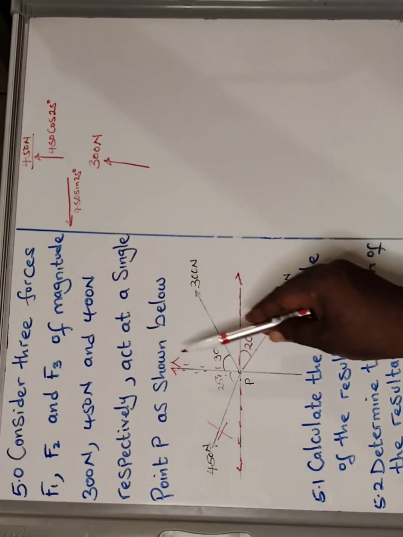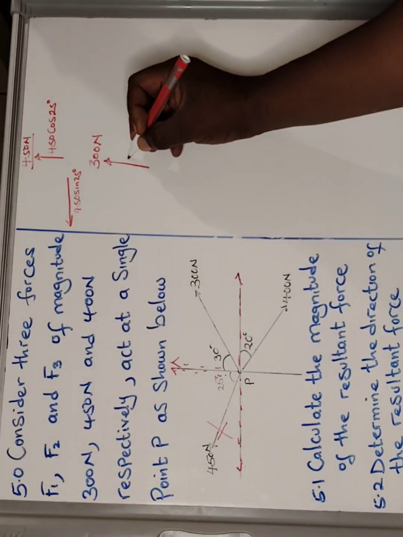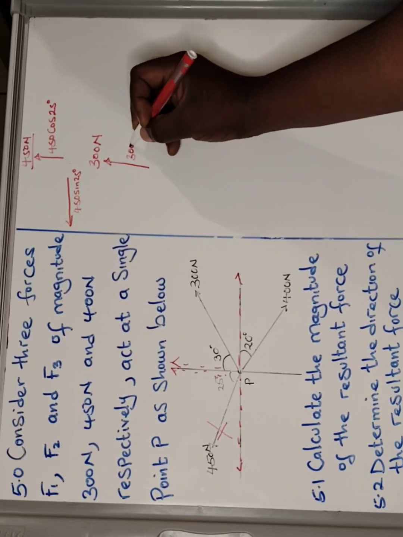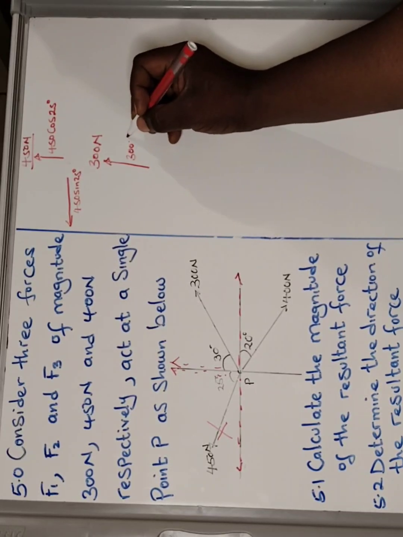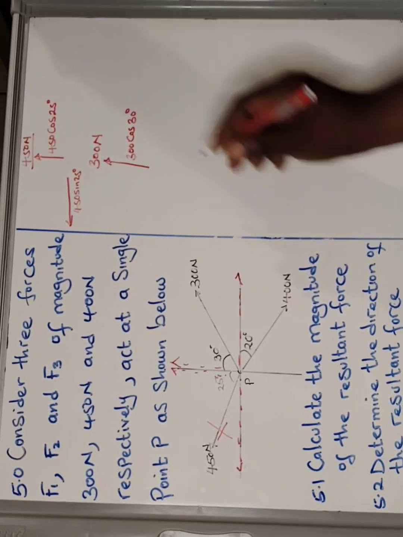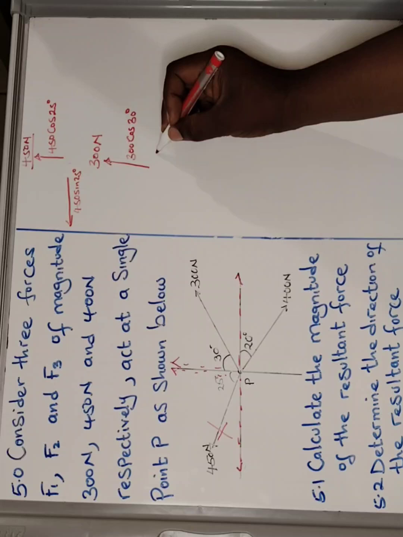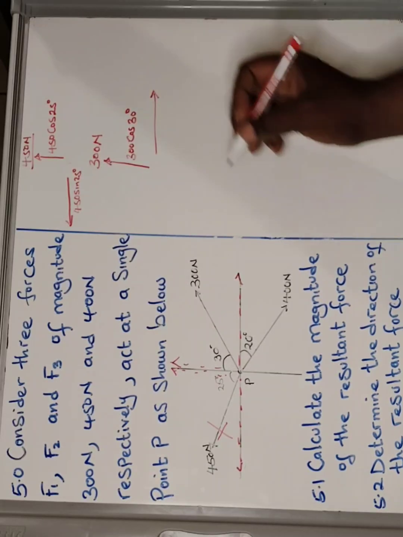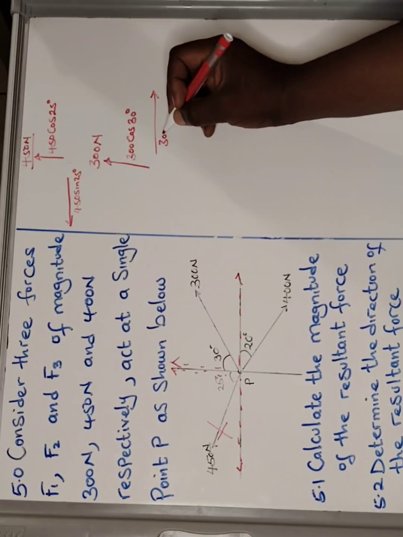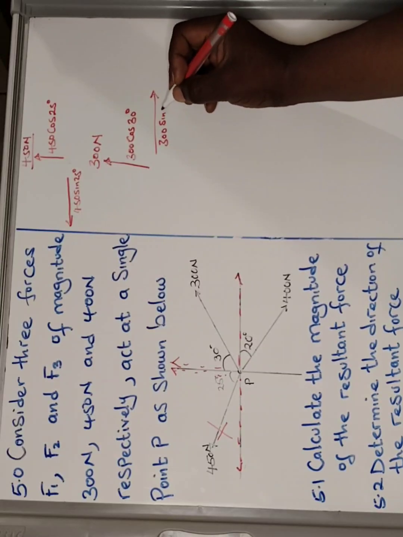It is the one which is next to the angle. See, it's a cos, so it's going to be 300 cos 30 degrees. Then we have this one here, which is going to be 300 sine 30 degrees.